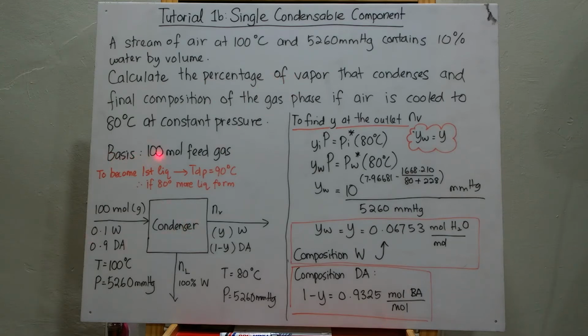Okay, so we have basis 100 mole of feed gas. So now we will draw the process flow diagram. So we have a feed inlet to a condenser. This is the stream.